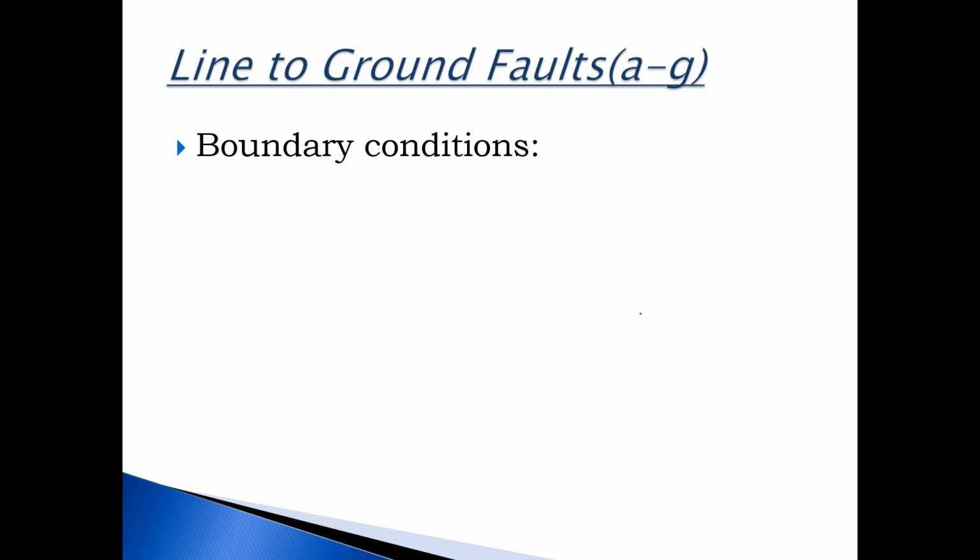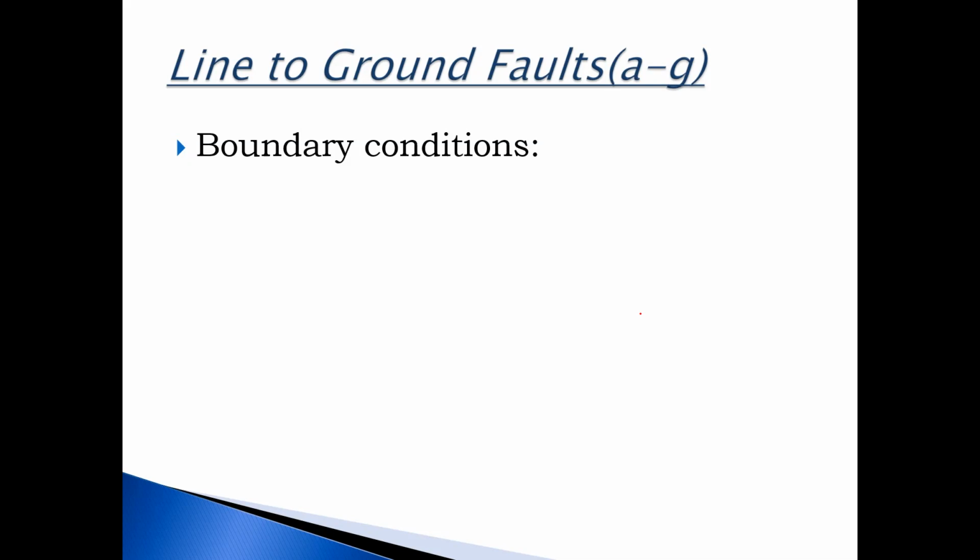You could simply have a tree, we're experiencing windy conditions, and the tree bends based on the wind, and a limb comes in contact with a line. Immediately you have a phase to ground fault because the tree would, technically speaking, be creating a path from that one phase to ground. All right?